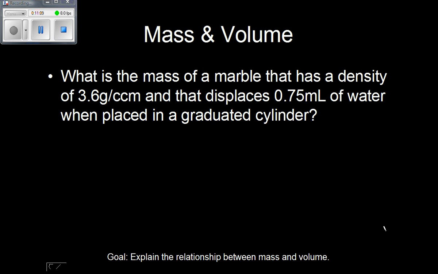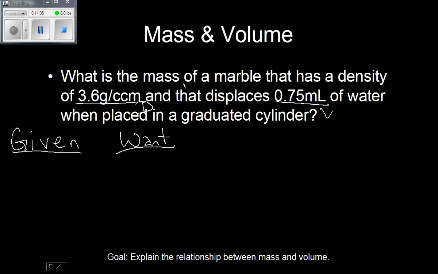Here's a different kind of problem. What is the mass of a marble that has a density of 3.6 grams per cubic centimeter and displaces 0.75 milliliters of water when placed in a graduated cylinder? Even though we're now solving for something different, we're going to start it the same way, by identifying what we're given and what the problem wants. We're given a density and volume and asked to solve for a mass.